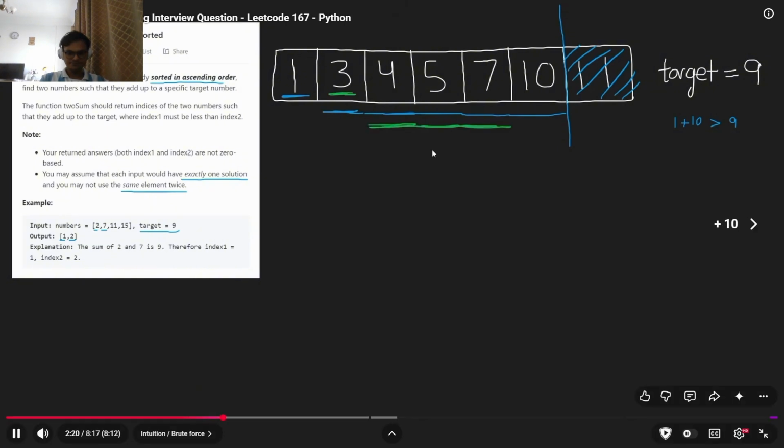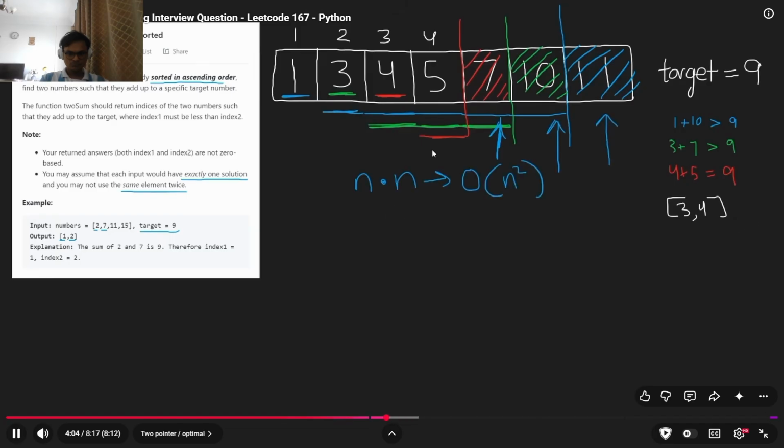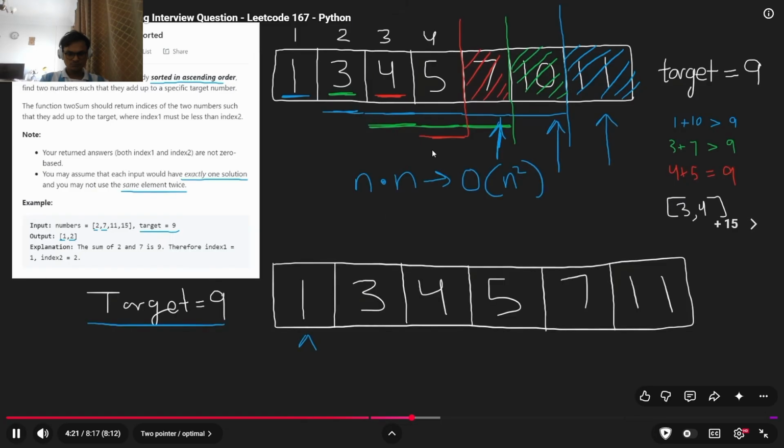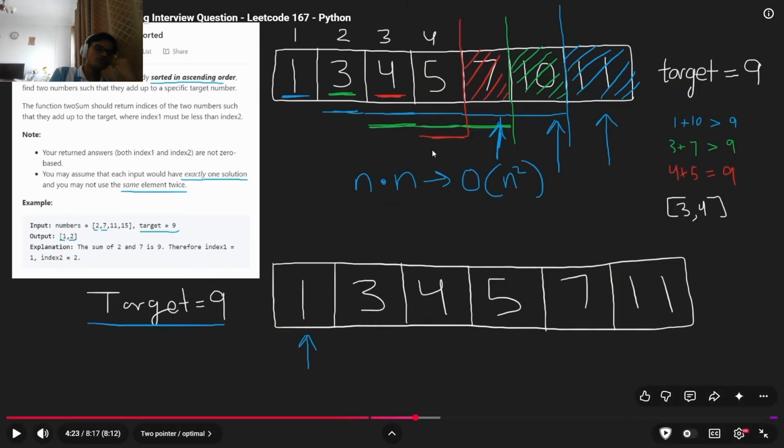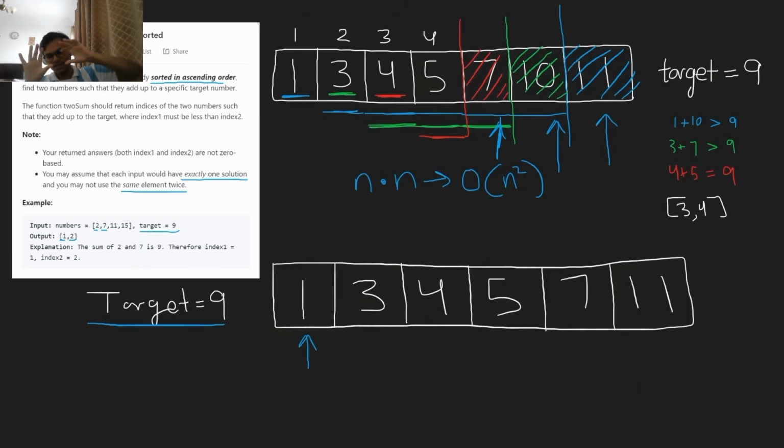So wait, it's almost like binary search, but for me the intuition is okay. It makes sense. If both the addition gets greater than the target, we just want to bring it back.